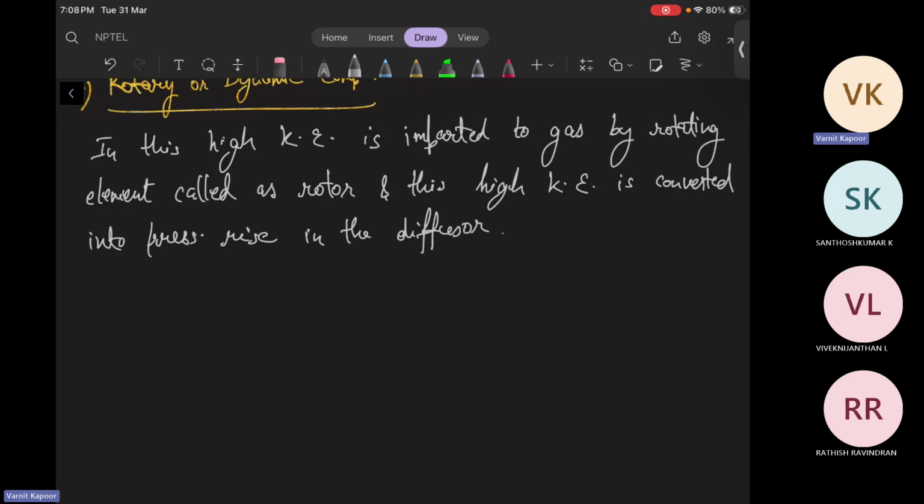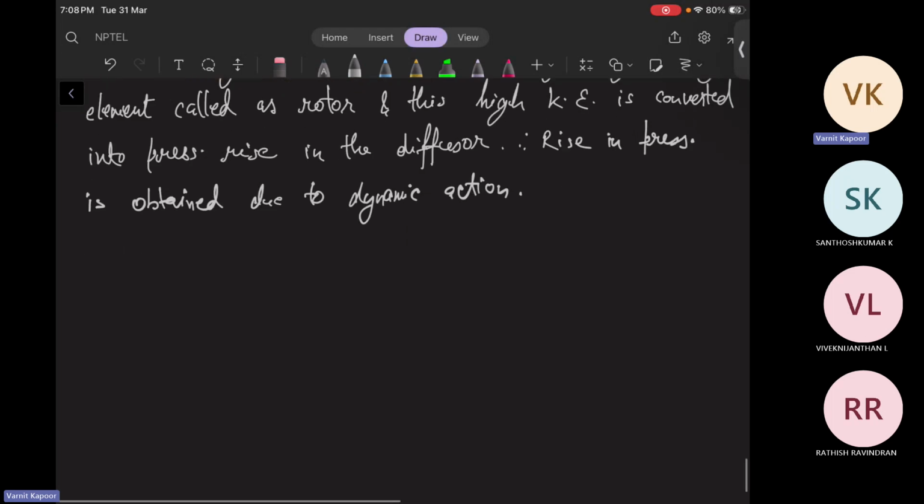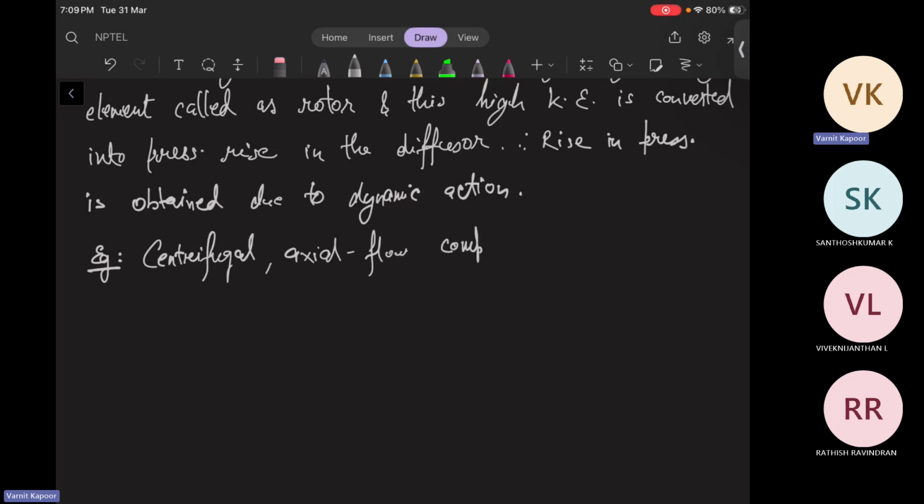Therefore, rise in pressure is obtained due to dynamic action. Example, centrifugal or axial flow compressor. Okay.